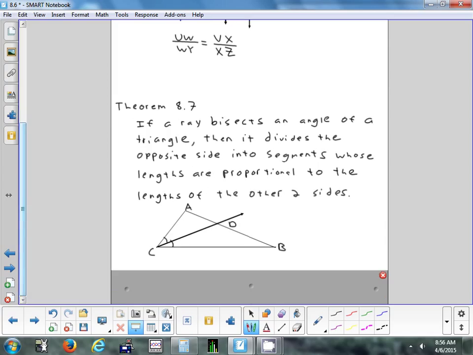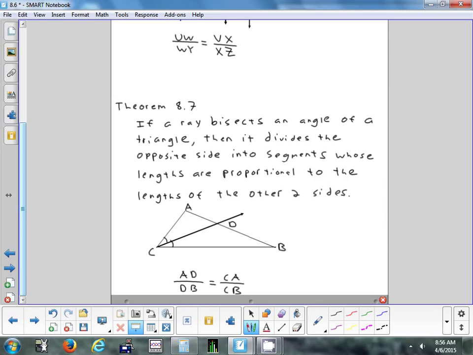In this case, the other two sides are AC and CB. All right, so here's your proportion you could set up. AD over DB equals AC over BC. Or I said CA, AC, CA, same thing.